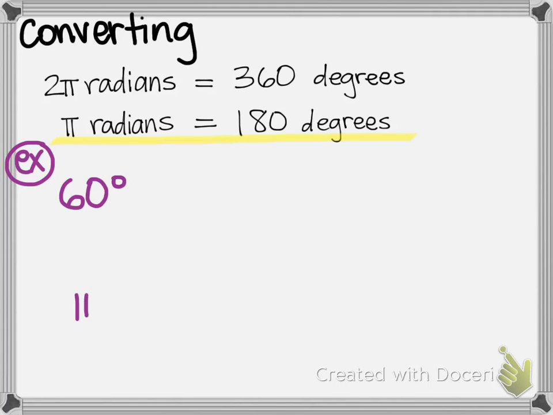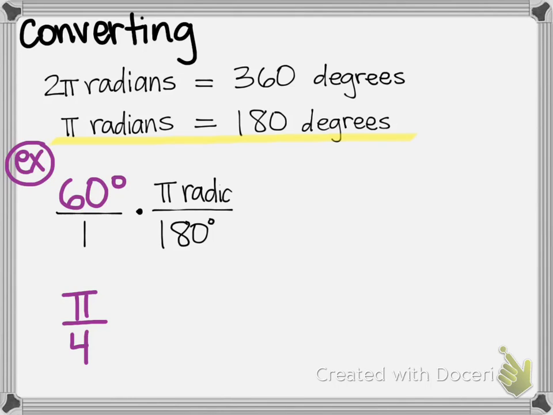So for example, if I wanted to convert 60 degrees into radians, or if I wanted to convert pi over 4 into degrees, so imagine unit cancellation. I can set up the ratio pi radians over 180 degrees. Then my degrees are canceling, and I'm left with pi over 3 radians.